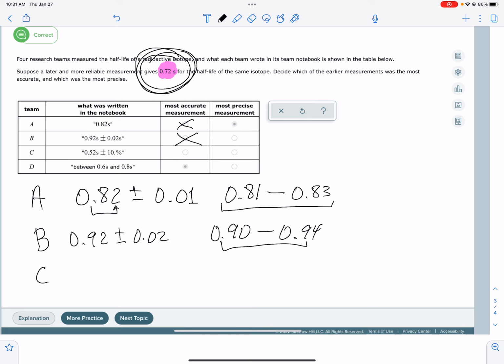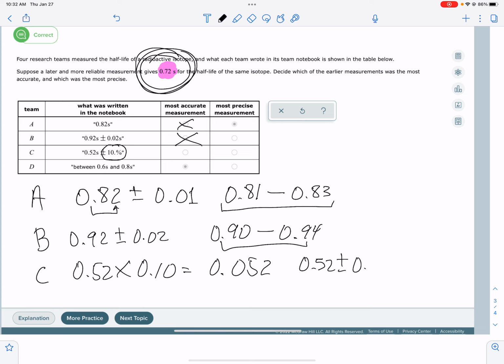The next one is a percentage. So we're going to take the 0.52 and we're going to multiply it by the percentage, but in decimals. And that's going to give us 0.052. So that means this is going to be 0.52 plus or minus 0.052.